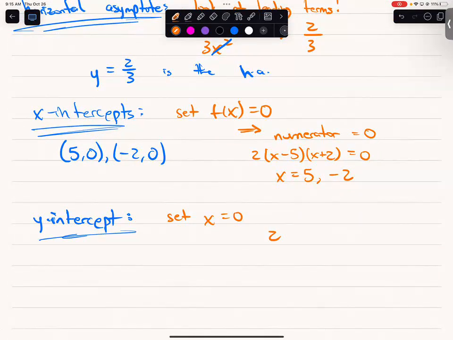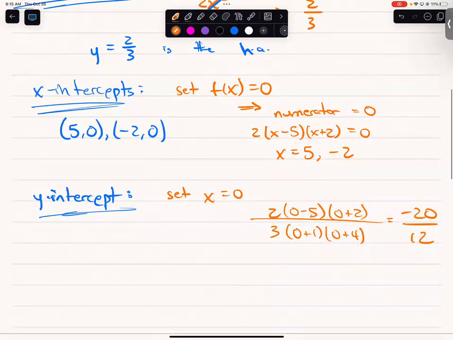So 2(0) minus 5, (0) plus 2, (0) plus 1, (0) plus 4. 2, 10, 2, negative 20 over 3, 1, 4, 12. So (0, -5/3).